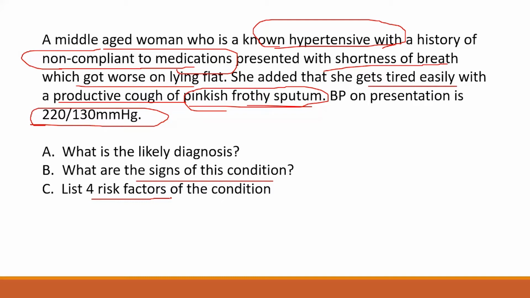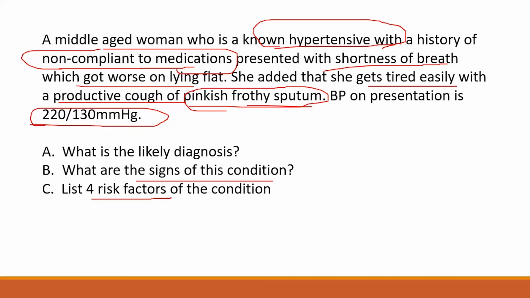So this one I'm just mentioning generally. Whether it's modifiable or non-modifiable is general, because the question is also general. The question is not specific, it just said give the risk factors, so we can give as many as we want. So keep writing them. Even medications such as NSAIDs can be a risk factor for development of acute left ventricular failure.